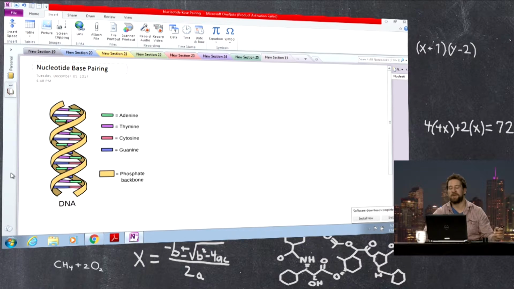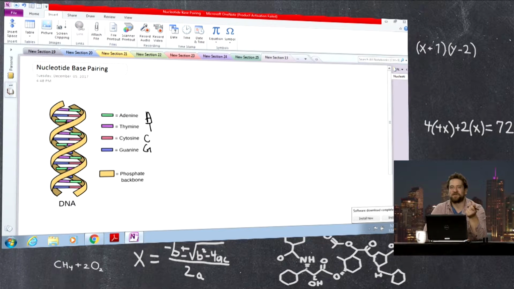So the four bases that make up the rungs of the ladder in DNA are adenine, thymine, cytosine, and guanine, and we abbreviate those A, T, C, and G. And it's these four bases contained within DNA that allows DNA to contain a code, and it's that code that then later is transcribed and then translated into proteins, and that's something that we covered in another video.